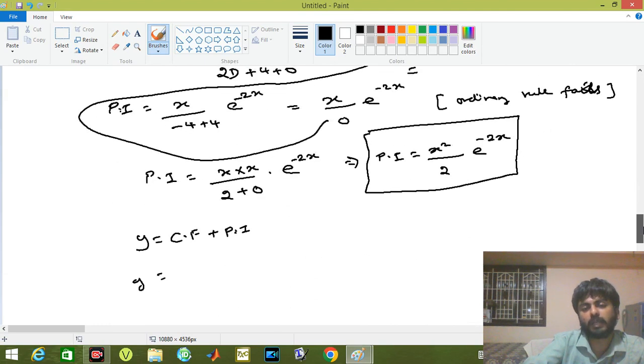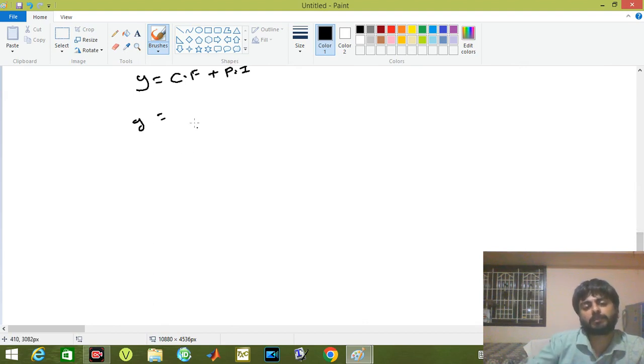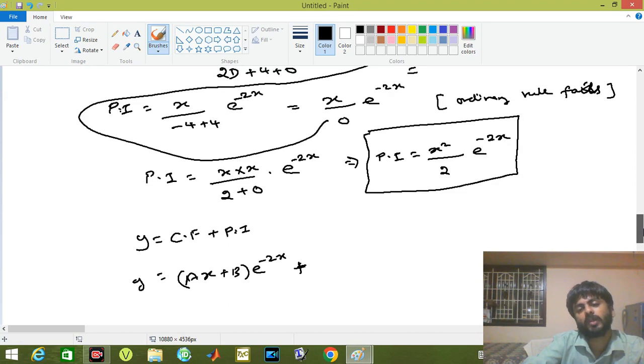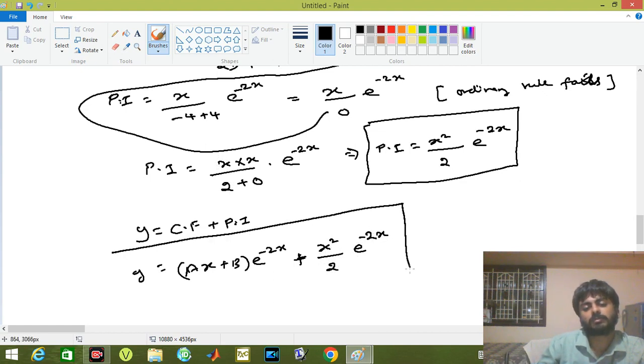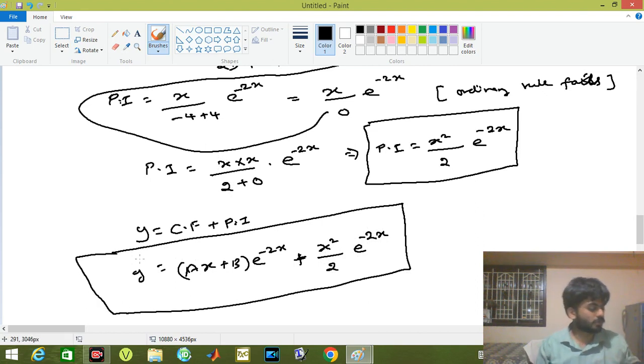So (ax plus b) e power minus 2x, that is, y equals (ax plus b) into e power minus 2x plus PI. What is PI? PI is x square by 2 into e power minus 2x. Okay, so this is your solution.